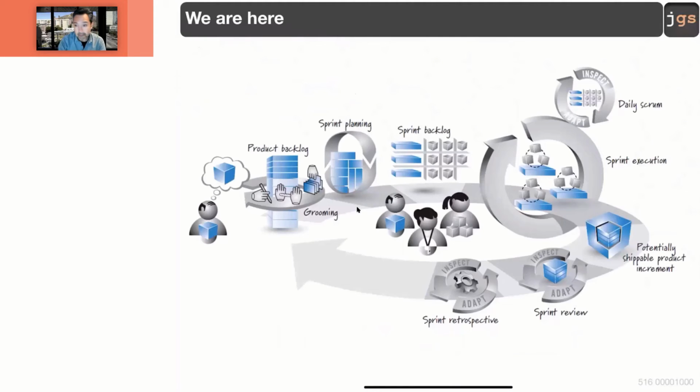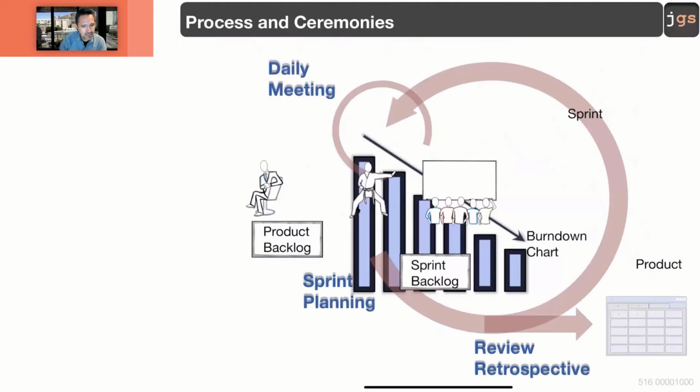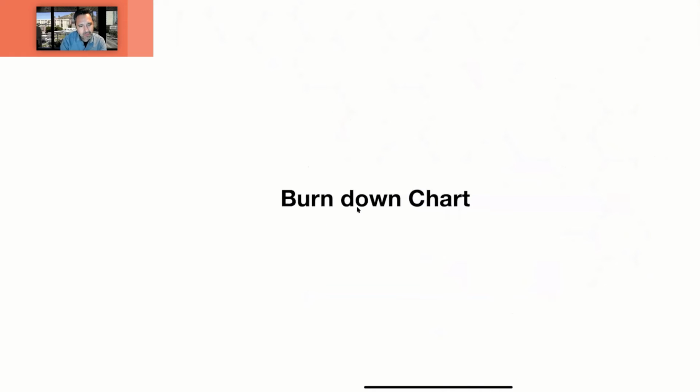So, the full process. And I am asking you to follow the process. One of the most important things that I am going to review, one of the most important things that I want to be sure that you are going to do well is the burn chart.